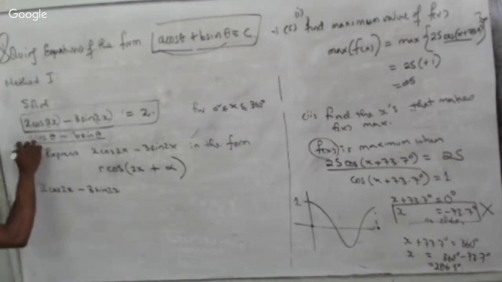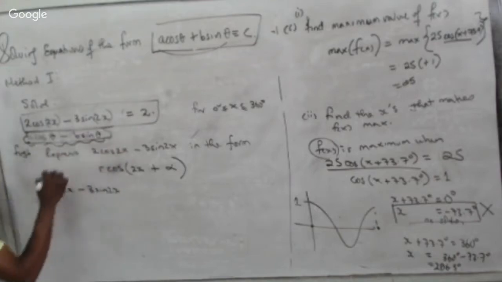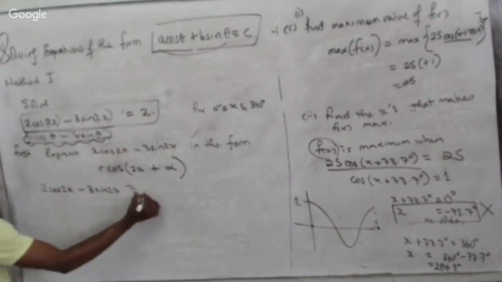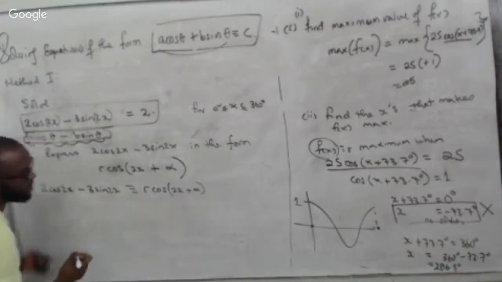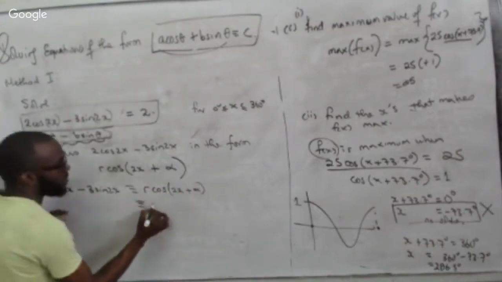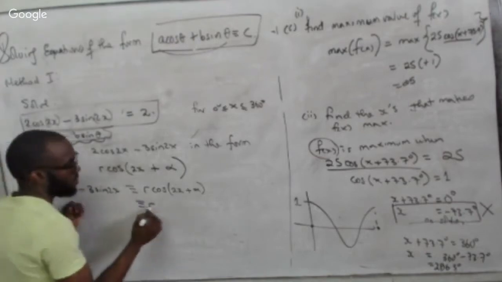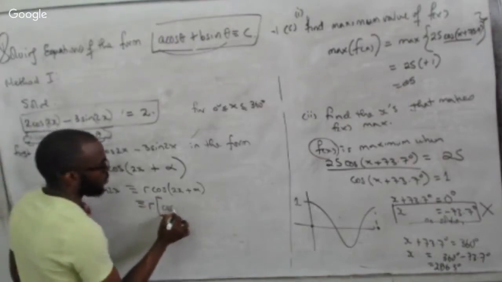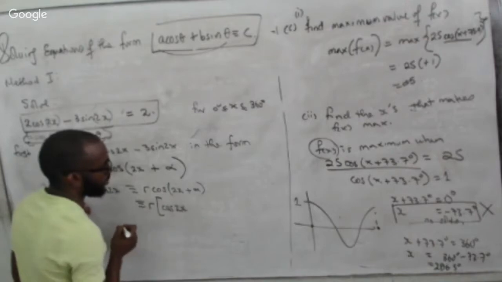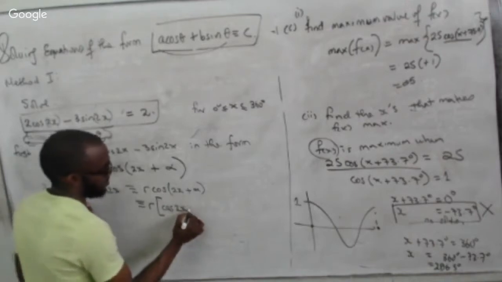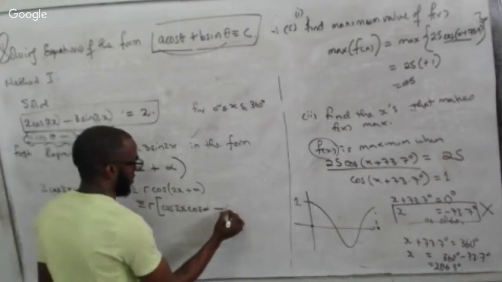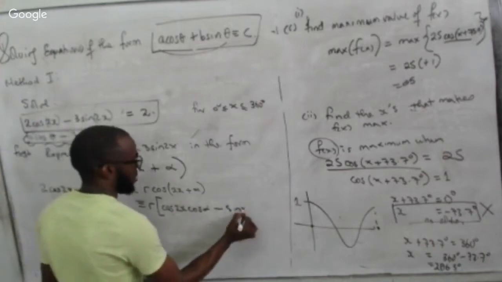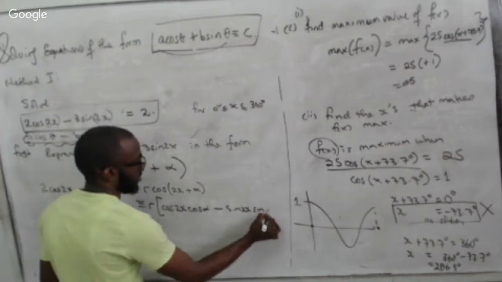So here, I need to set that equal to r cos of 2x plus alpha. Having done that, I need to expand. R cosine comes in doubles: cosine 2x, cosine alpha, minus sine 2x, sine alpha.